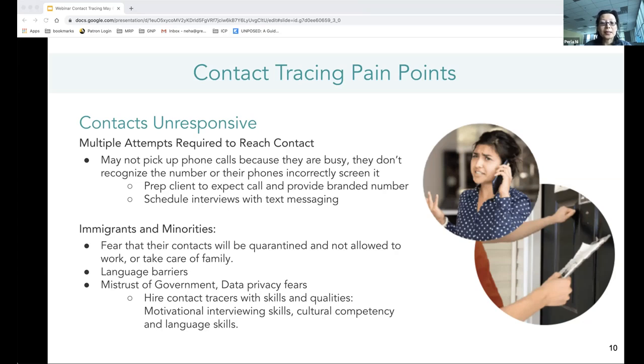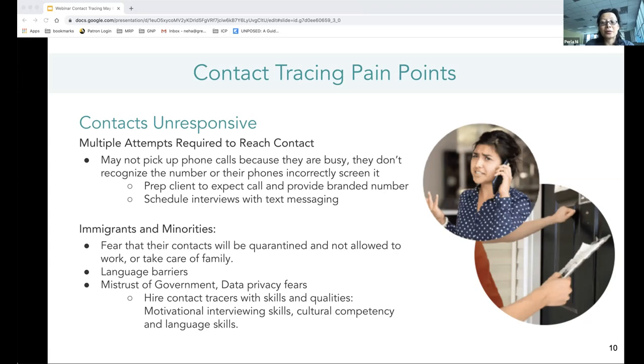So in our experience, it's really important to prep people receiving these calls to expect a call, and even provide a branded phone number they could expect the call from. A second solution is to schedule interviews using, for instance, text messaging, to let people know, hey, are you available at this time for an interview call? These are ways to reduce the time-consuming attempts to reach a contact.